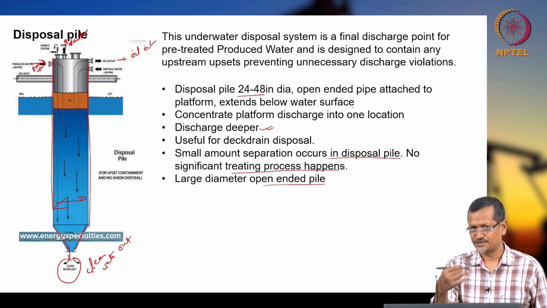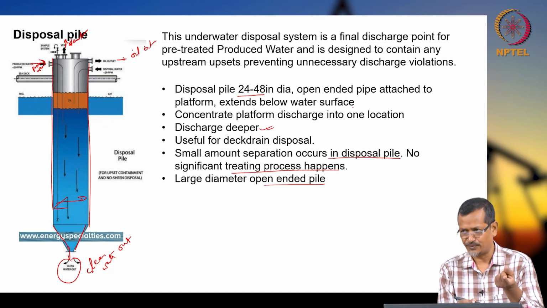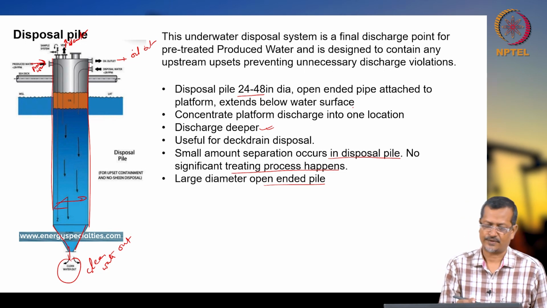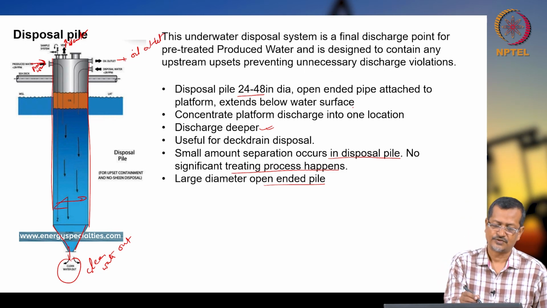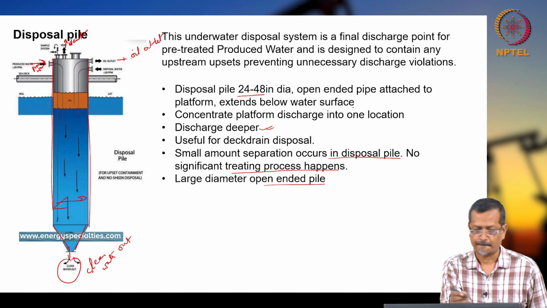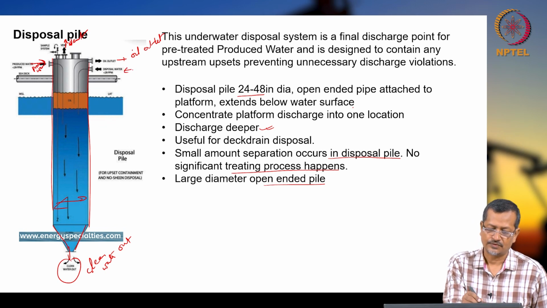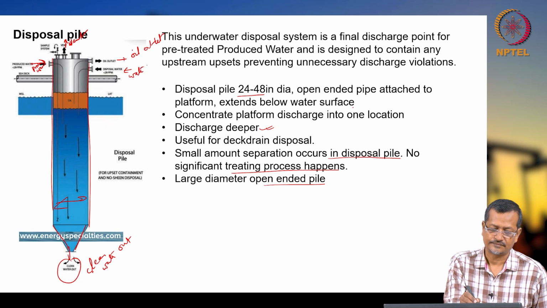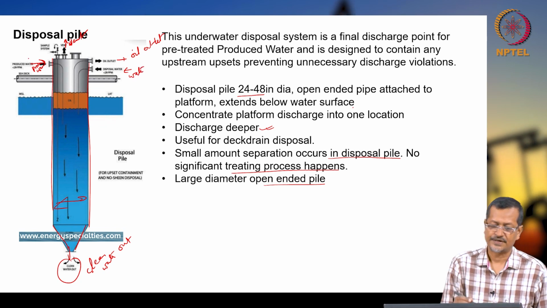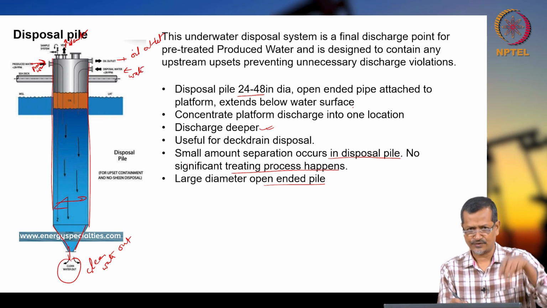If there is any small amount of oil, some separation will be going on and that will go out. So, major separation will not occur here. So, this is disposal water. Produced water, disposal water, anything there, they will be putting in a single pile.